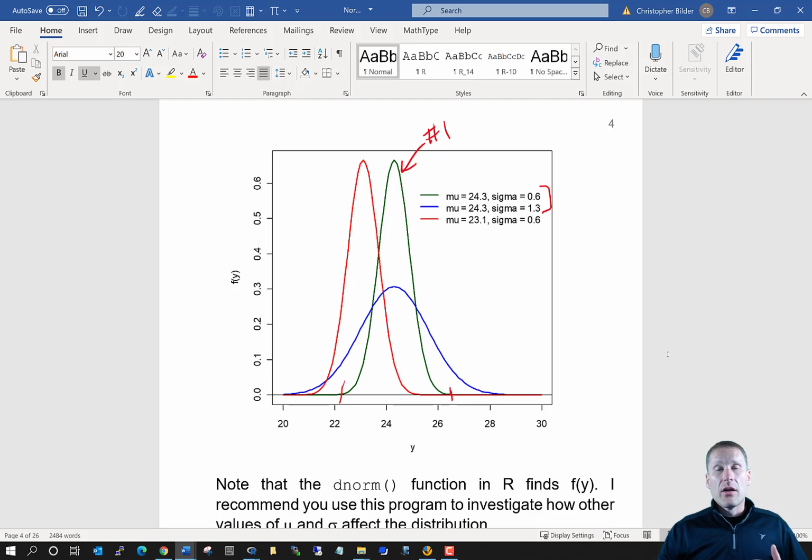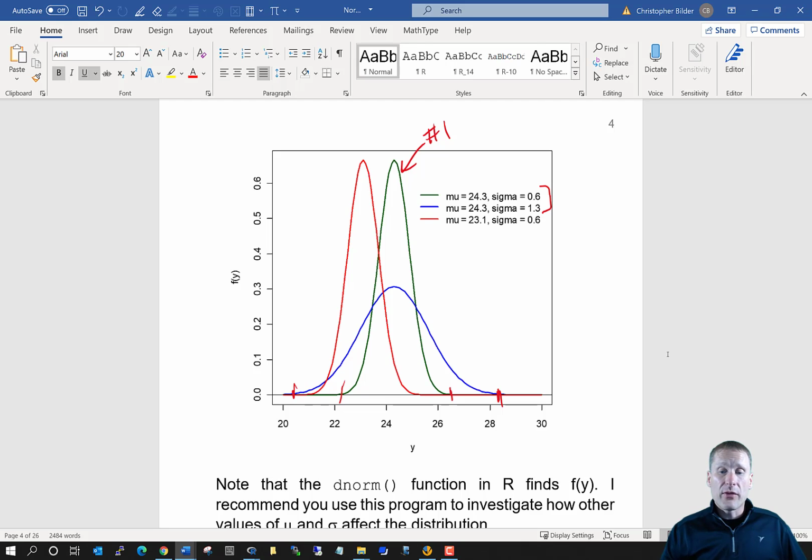And again, what that means is my standard deviation is larger, so my possible values of y that I can observe in terms of what's probable, there's going to be a larger range of them. And we see that in that plot. Notice how far the blue extends out in this plot. So now it's quite likely to have values between about 20.5 and 28.5.